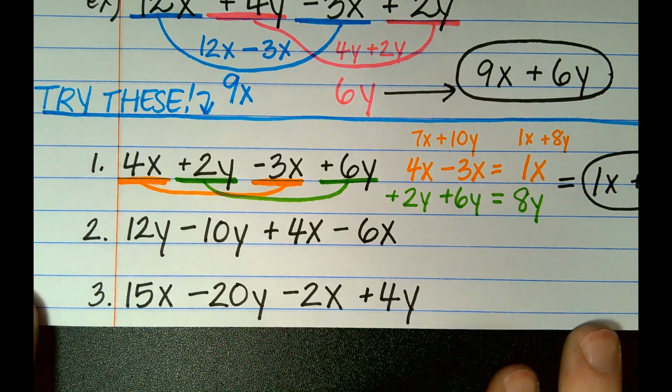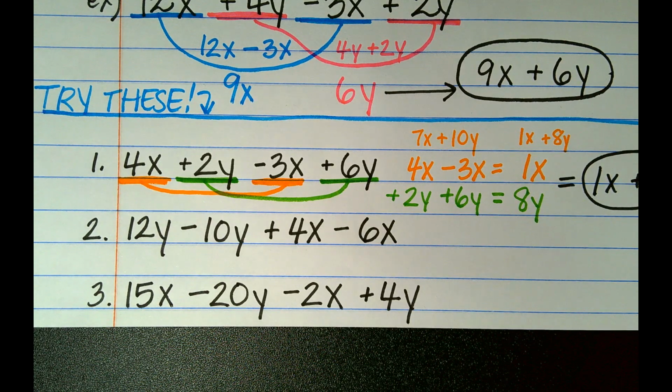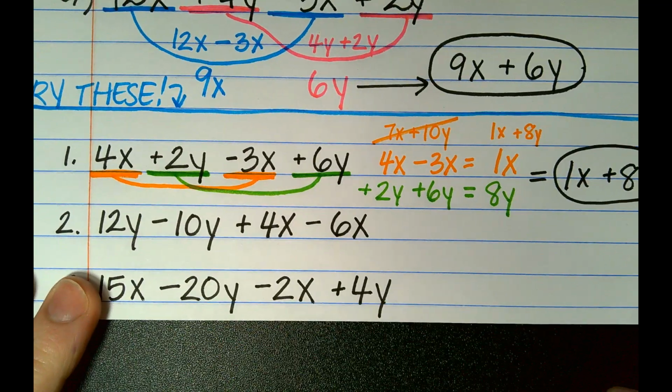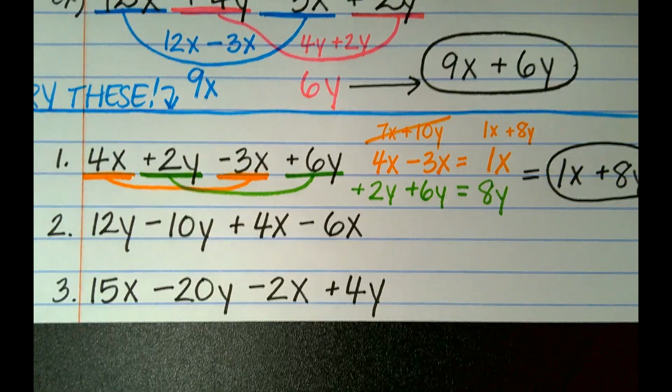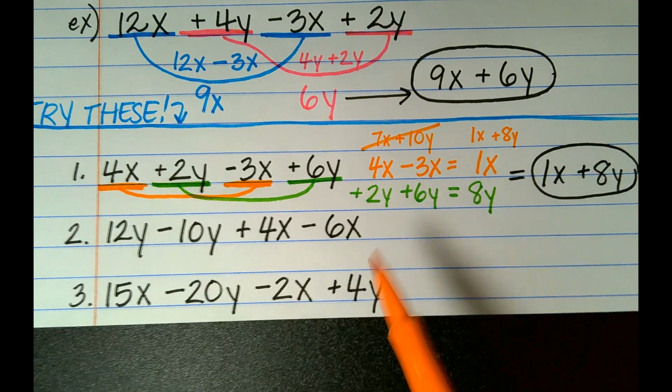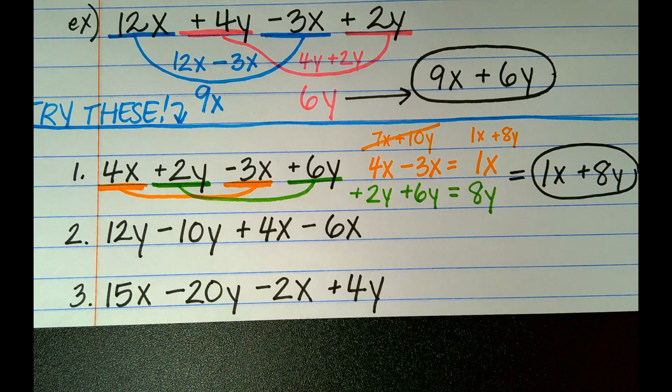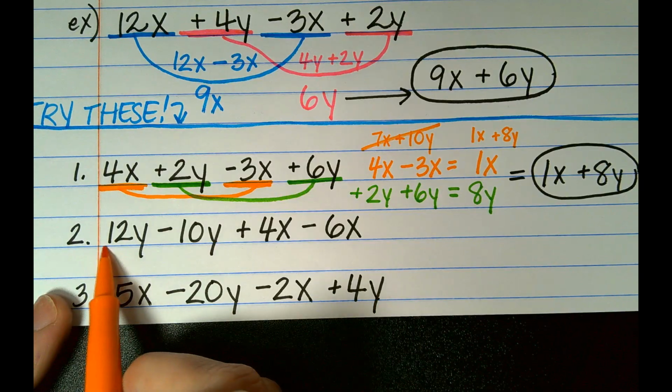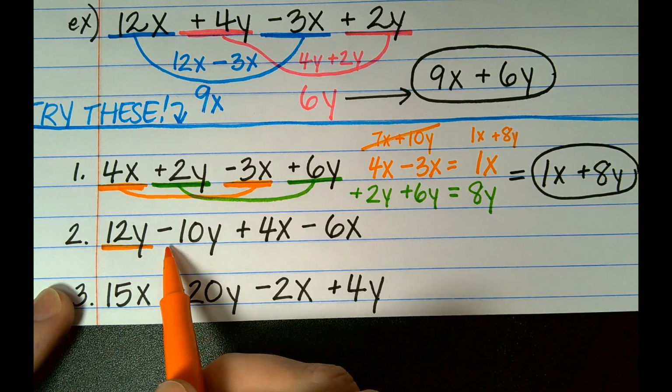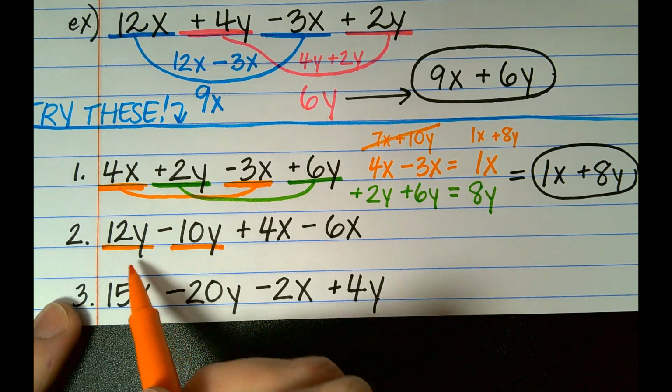All right. How about number 2? I got 2y plus 2x. Me too. Did everybody get that? Yes. Okay, let's see. I have 12y minus 10y.